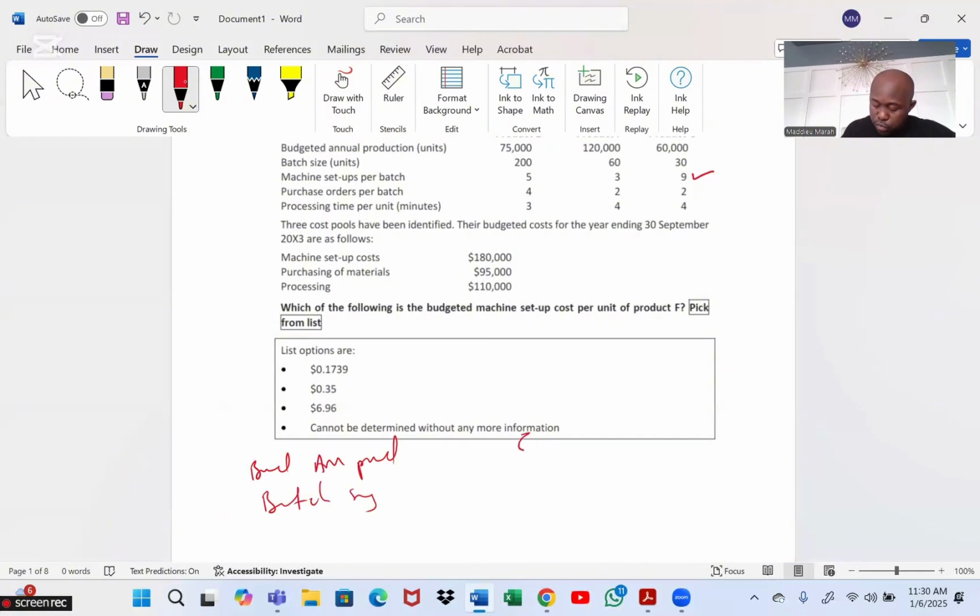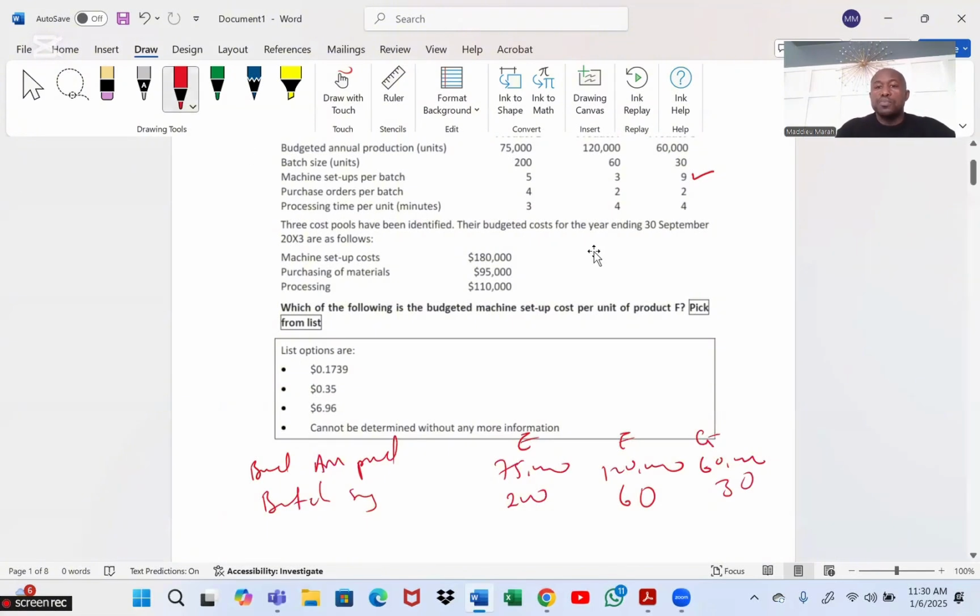For this one, we have 75,000, 120,000, and 60,000. This is just copied from the question, budgeted annual production units. And our batch sizes are 200, 60, and 30.